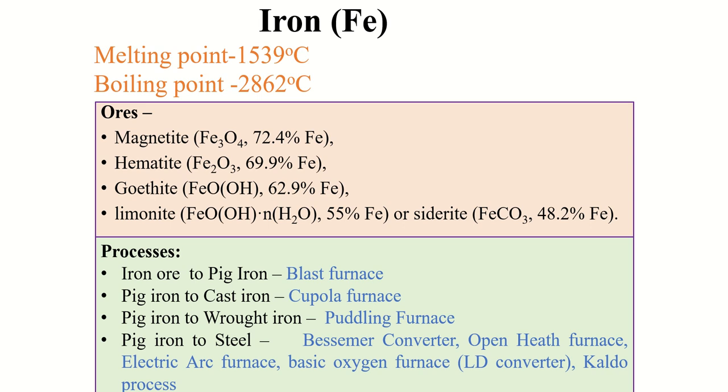Pig iron is used in different steelmaking processes to produce steel. The Bessemer converter process is the first of these processes. There are two types of converter: the acid converter process and the basic converter process.